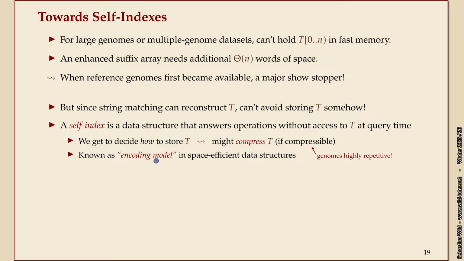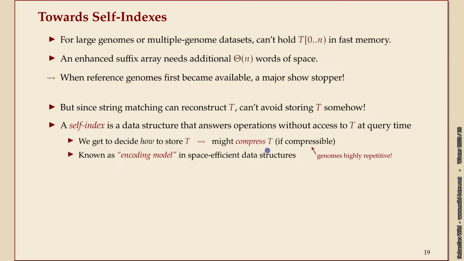Maybe this is useful to keep for terminology. People call this the encoding model. We want to answer queries about some piece of data, but we have to keep essentially the data around to be able to answer these queries, because the queries themselves allow you to reconstruct the data itself.